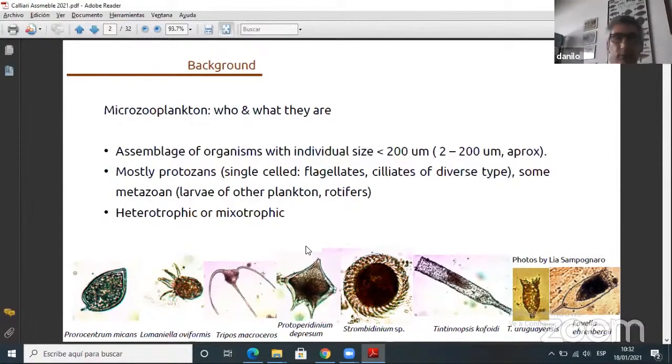They are between roughly 2 and 200 microns approximately, and they are mostly protozoans, that is single-cell organisms, mostly ciliates, flagellates, plus a few metazoans, mostly planktonic larvae. And another important characteristic they have in common is that they are either heterotrophic or at least mixotrophic. That is, they can develop both heterotrophic and autotrophic metabolisms at the same time.